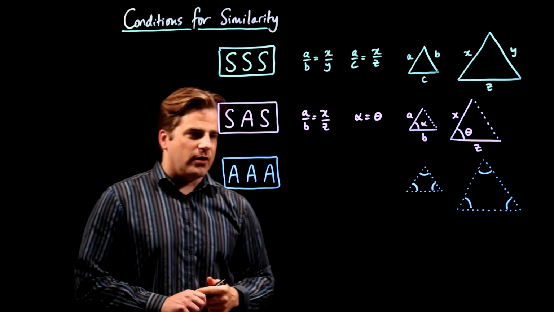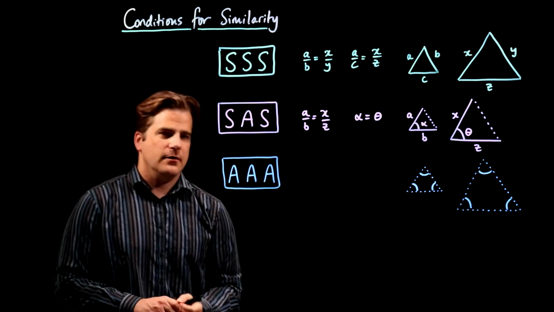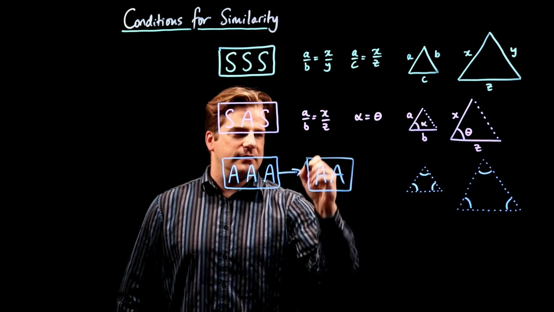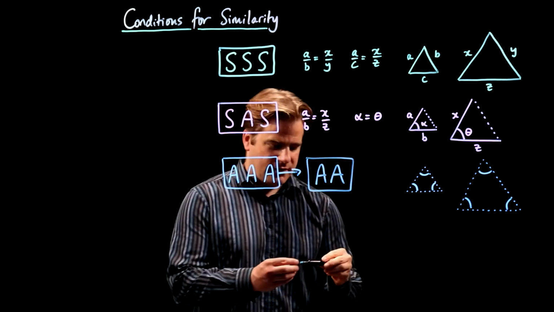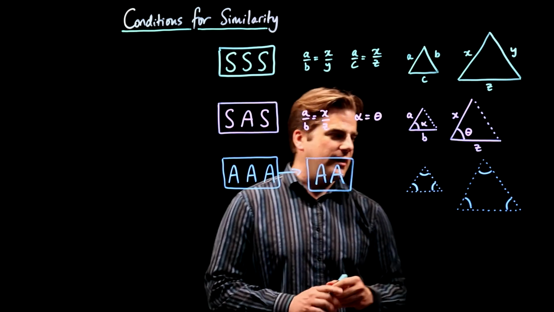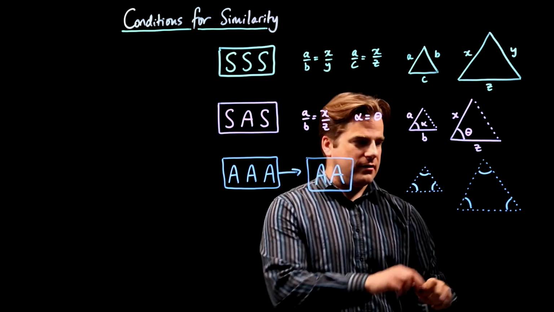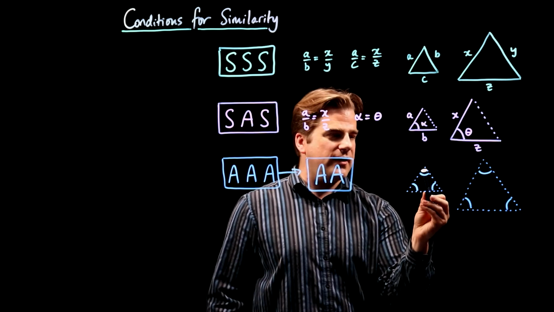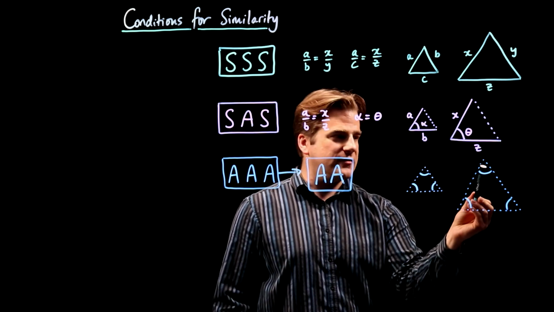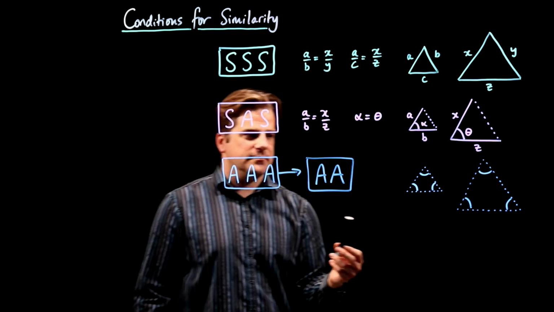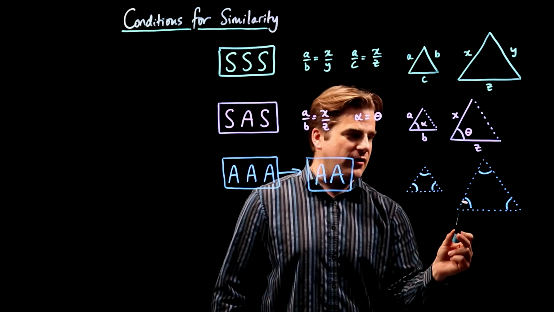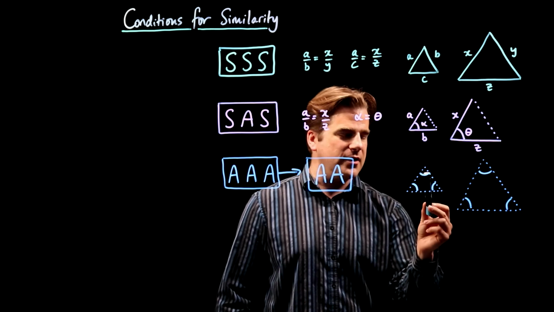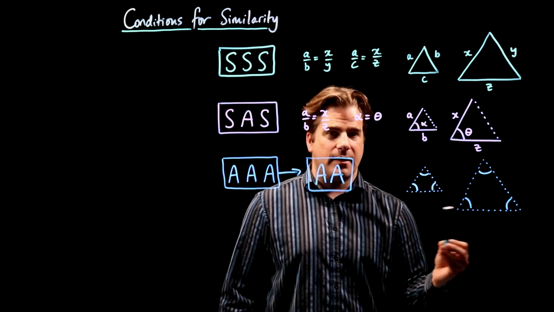Now, this third one, actually, we could have called it just angle, angle, really, because if two angles are the same, let's say just these two angles, if you've shown that that angle and that angle are the same as that angle and that angle, then they must be similar, because the three angles always add up to 180.